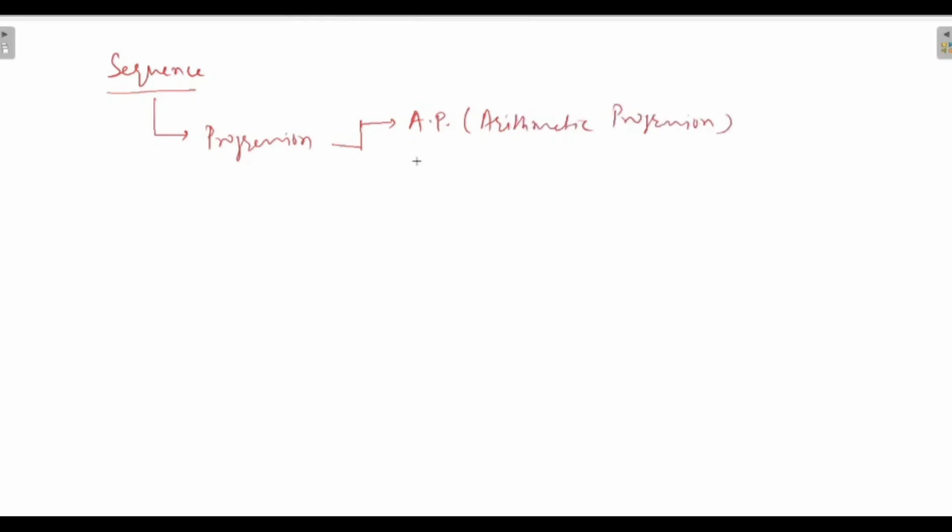We talked about something in detail regarding AP. We said that AP is a sequence of the form A, A plus D, A plus 2D, A plus 3D, and so on and so forth. So the last term of the AP is A plus (n minus 1) into D, and this is what we call the nth term.